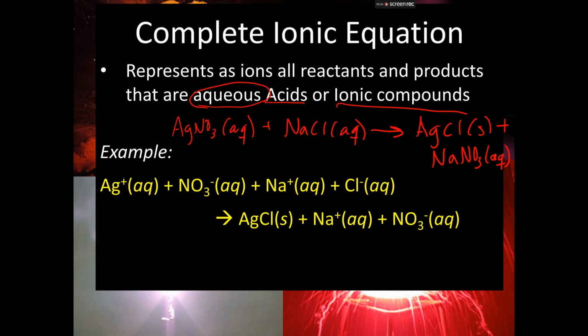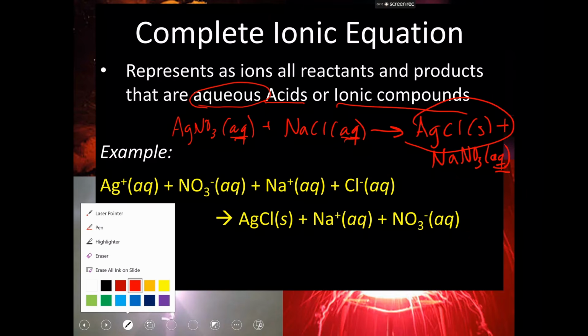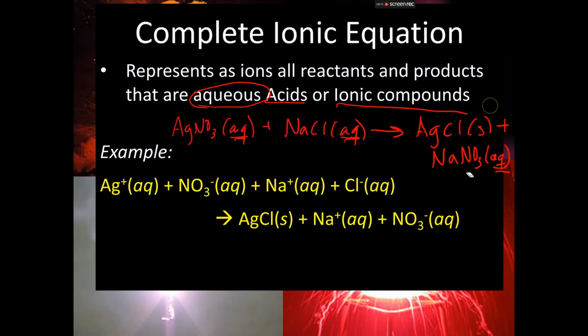Well, what happens here? The compounds that we see here that are aqueous and ionic are actually not a compound. They're not a solid lattice like we saw earlier. Silver chloride, because it is solid, will remain as a complete compound. But the other three, the sodium nitrate, the sodium chloride, and the silver nitrate, are not going to stay as a solid compound.